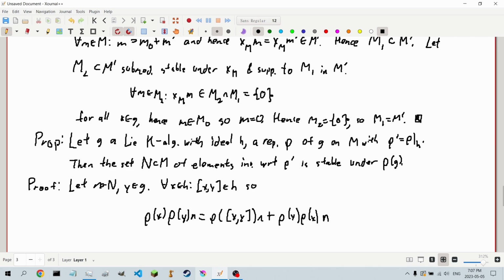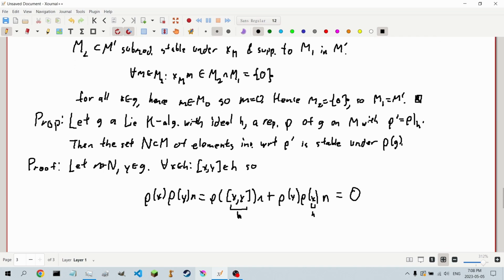Since x is in H, this is in H, this is in H, and so the actions both are going to be 0 by invariance. Hence, rho y of n is in N, as desired.